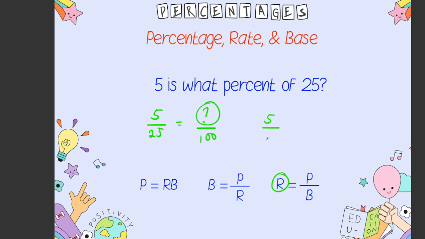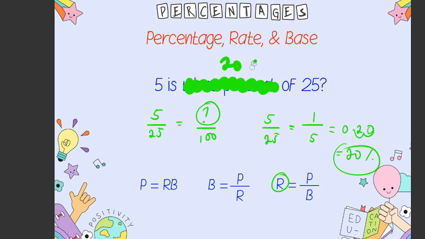So 5 over 25 is equal to, lowest terms, 25 divided by 5, that is 5. 5 divided by 5, that is 1. So 1 divided by 5, that's 0.2. Simply move 2 places to the right, and you have 20%. So 5 is 20% of 25.